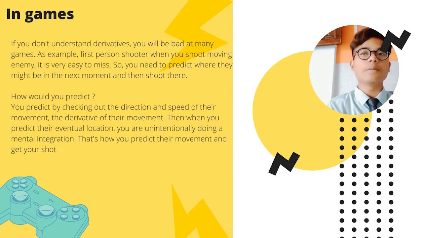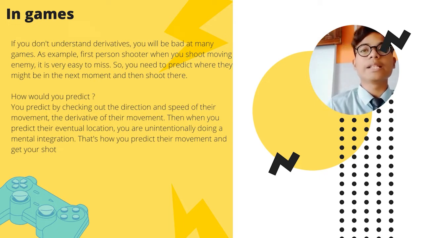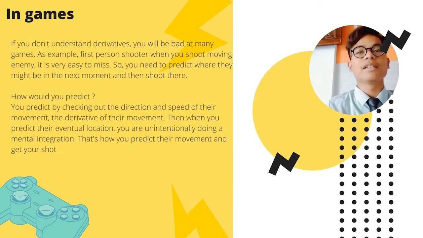How will you predict? You predict by checking the direction and the speed of their movement, the derivative of their movement. Then when you predict their eventual location, you are unintentionally doing a mental integration. That's how you predict their movement and get your shot.